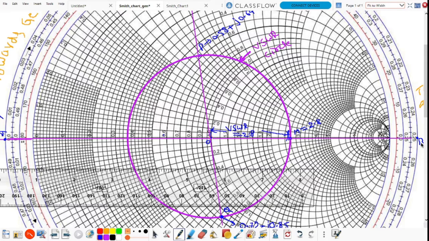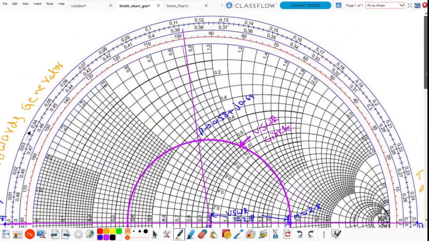The line OP is extended to the outer circle rim.